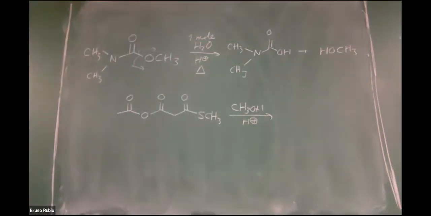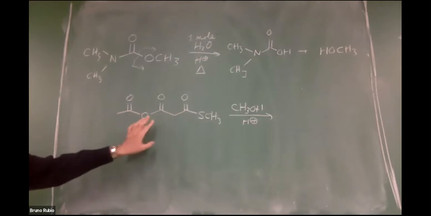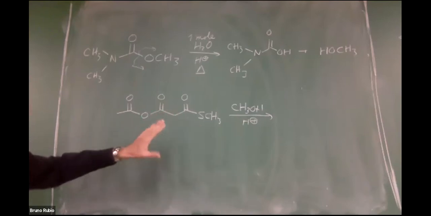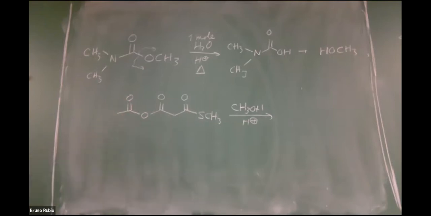Draw the structure of the product. That's an acyl carbonyl, that's an acyl carbonyl, that's an acyl carbonyl. But this is an anhydride. They're more reactive than a thioester. So the thioester is not going to react. It's going to be the anhydride that reacts.